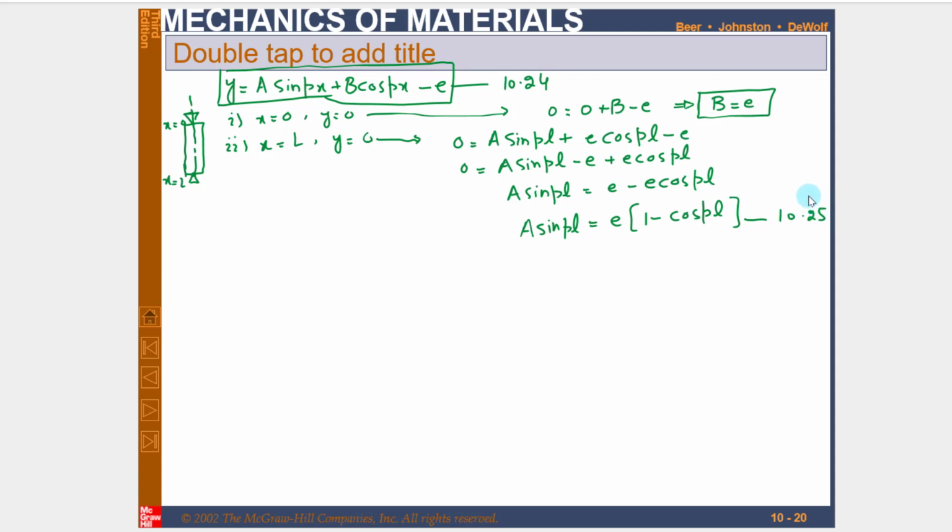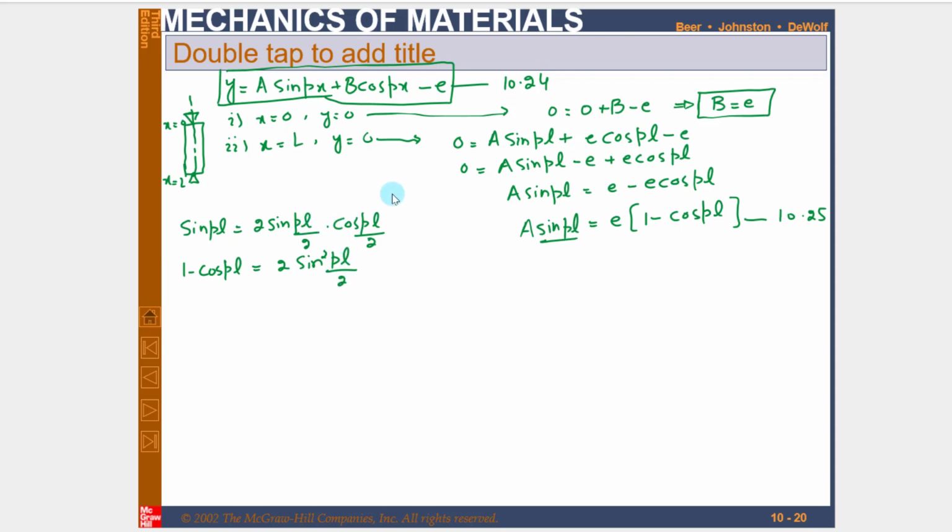10.25. Now if you recall your knowledge of mathematics, this sin of pL can be written as 2 sin of pL over 2, where L is the length of the beam, into cos of pL over 2. And this term 1 minus cos of pL can be written as 2 sin squared of pL over 2.